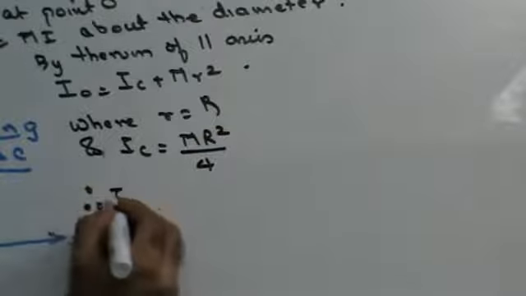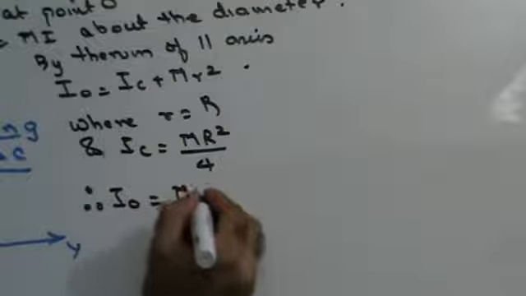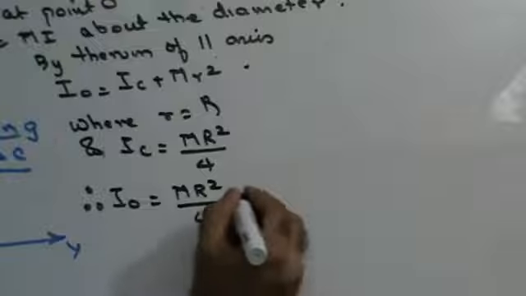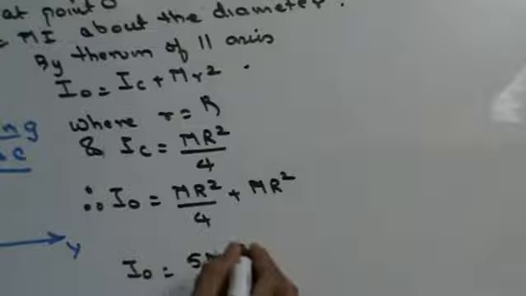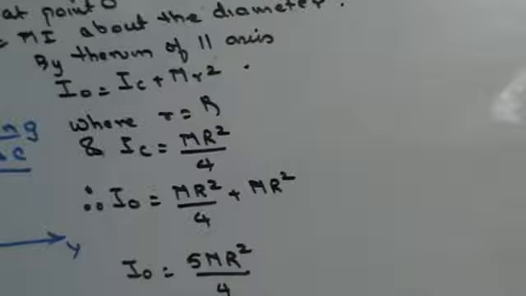Therefore IO is equal to MR square by 4 plus MR square. So IO is equal to 5 MR square by 4. That will be the moment of inertia about an axis coinciding with the tangent in the plane of the disc. Fine, do we get this?